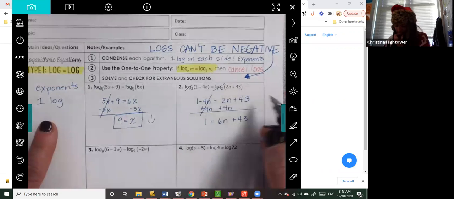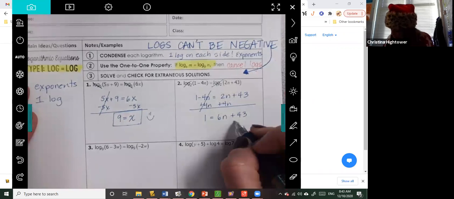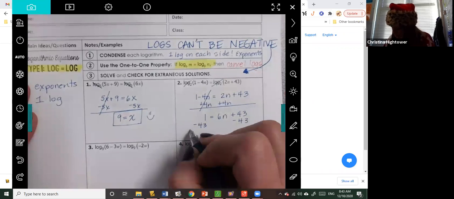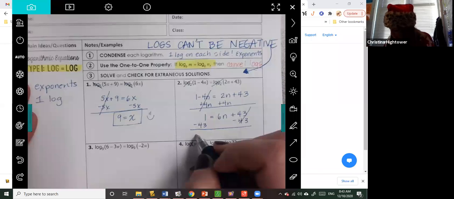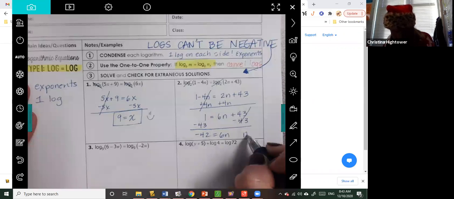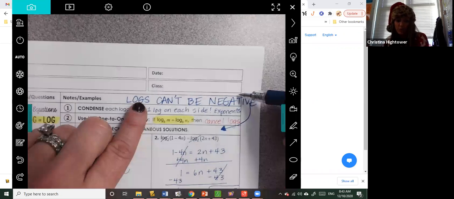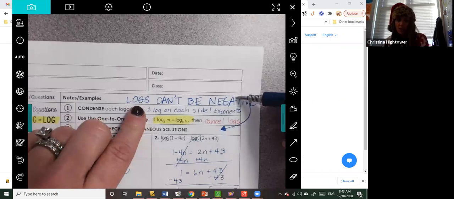Now make sure that you subtract, and I get a negative 42 equals 6n. So I know that n equals -7. When I said that logs can't be negative, see where you're plugging that in, okay?